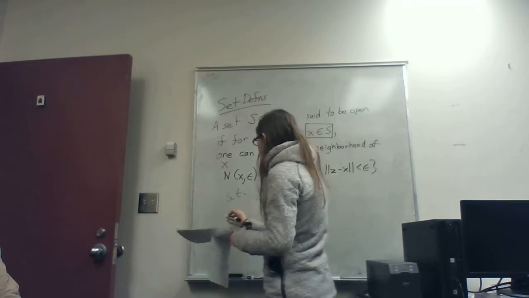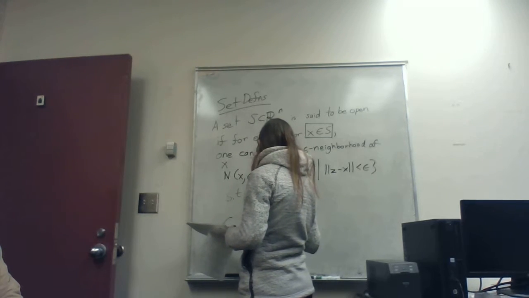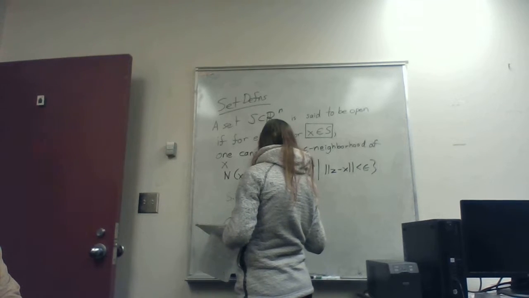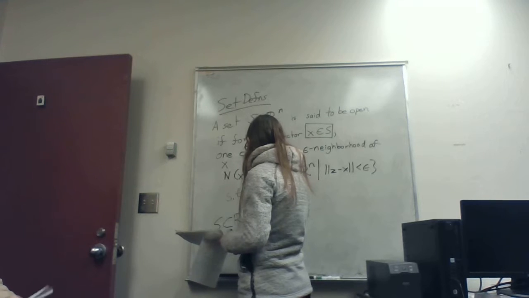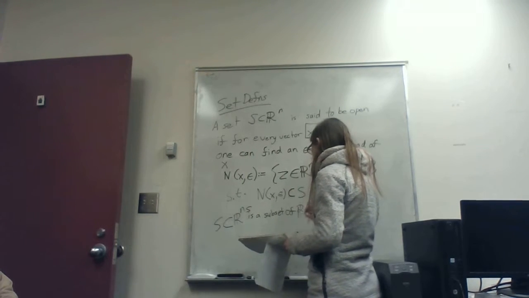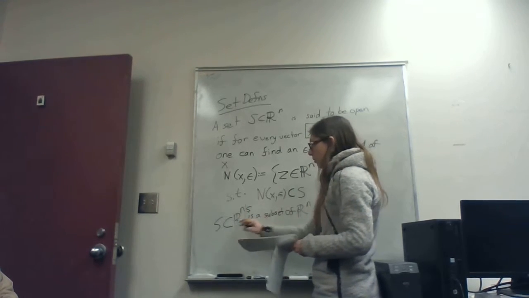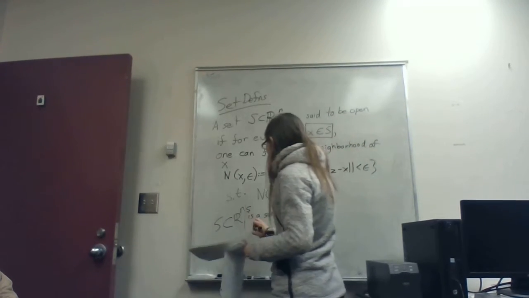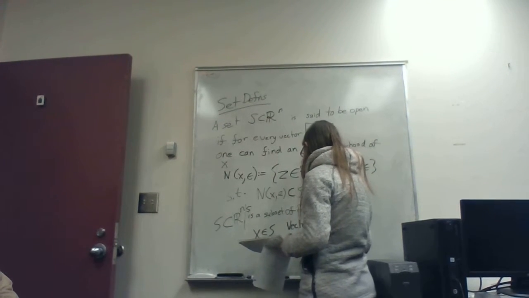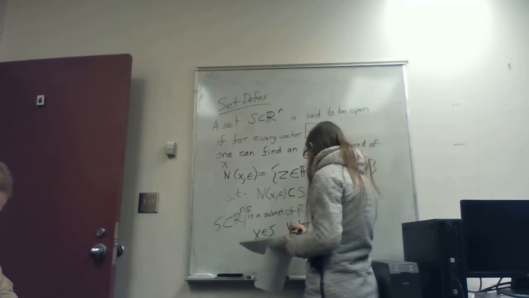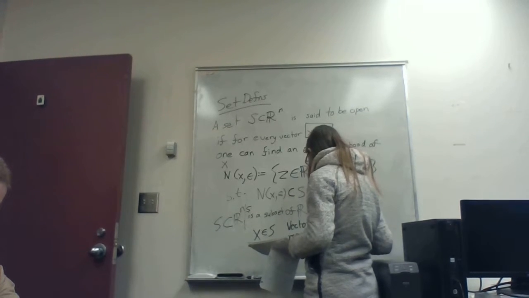So this cup means is a subset of. So S in R to the N means S is a subset of R to the N. So that's what this notation signifies. And then X contained in S means that the vector X is a member of the set S.